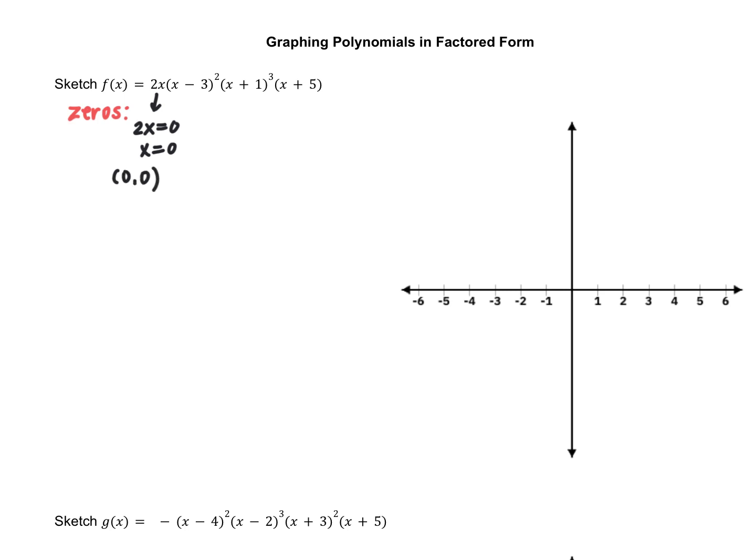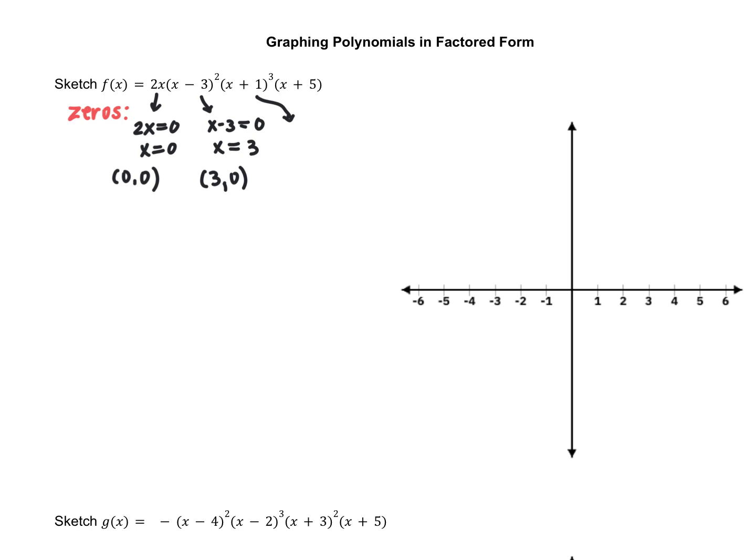So there's my first x-intercept at the origin. I can do the same thing for the next factor, x minus 3. I set that equal to 0. When the 3 moves over, it goes from negative to positive. So there's another x-intercept. And I can do that for all of my factors.